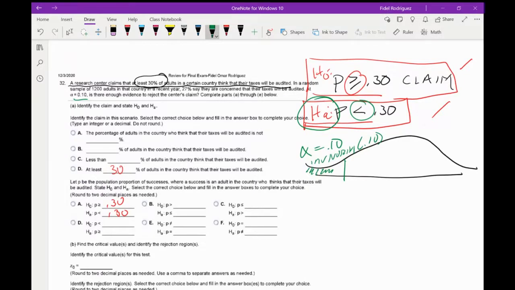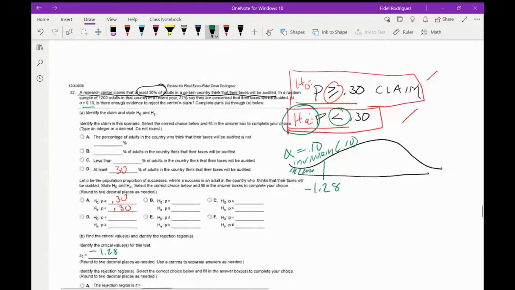I'm going to type in 0.10. And I am coming up with a negative 1.28 here. So right here, I'm going to write negative 1.28. So far, are we okay with that part? Yeah, we're good? Okay, so guys, again, just a reminder, this is my rejection region, and that's my fail to reject region.